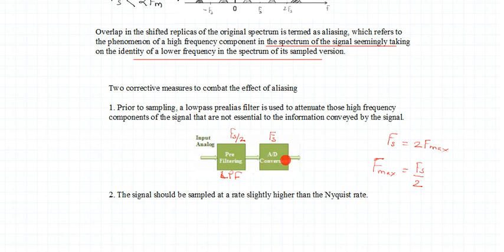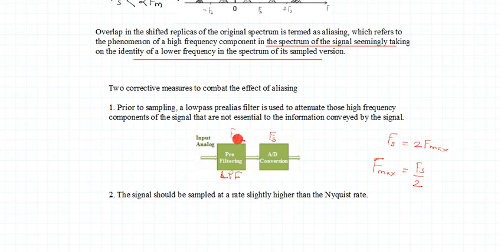We connect a low pass filter with a cutoff frequency of Fs by 2, and this will avoid aliasing in the sampling process.